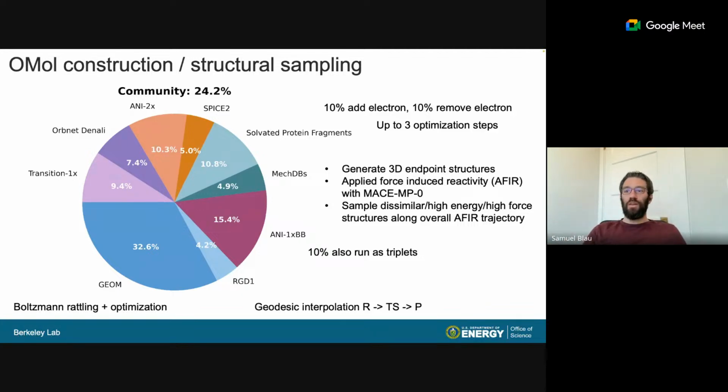Every other one of these was basically, as I said, riffing on previous data sets, doing additional operations to add diversity or complexity. I mean, no one had ever done anything with the MECDBs for machine learning potentials before. Those were data sets of reactions. We built them into geometries to run DFT on, to include in the data set. So, your call what you say is completely new versus not.